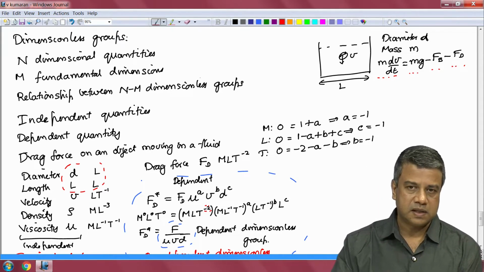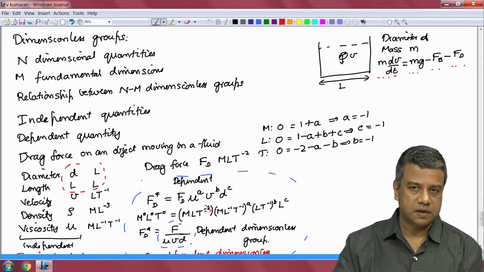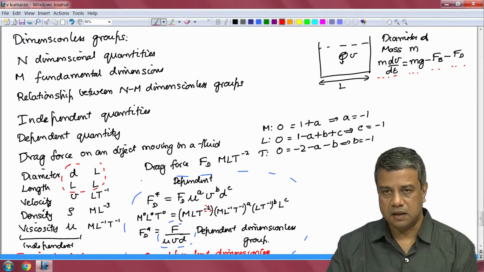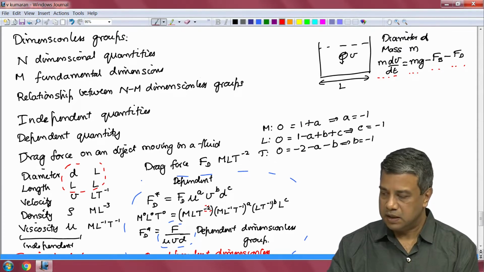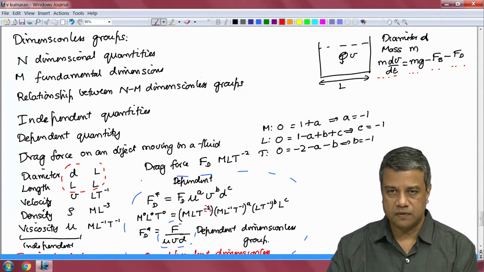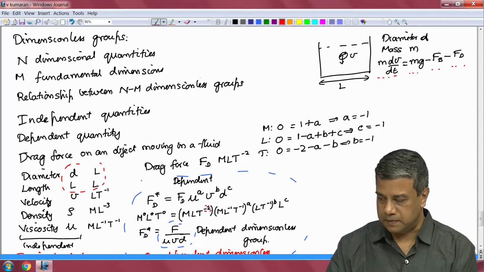As the particle is settling through the fluid, there is a fluid flow around the particle, and this fluid flow causes friction, fluid friction, and a stress at the surface of the particle, which tends to decrease the velocity. And this drag force depends upon the fluid properties, the velocity and the characteristic length of the particle.